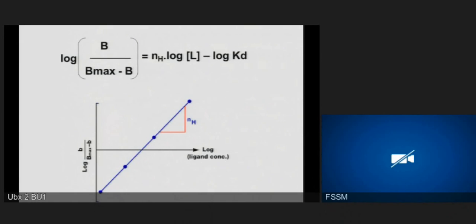So it enhances the affinity for the receptor. Cooperativity. And sometimes you have negative cooperativity. So the binding of one ligand prevents or limits the access of the ligand on the receptor.